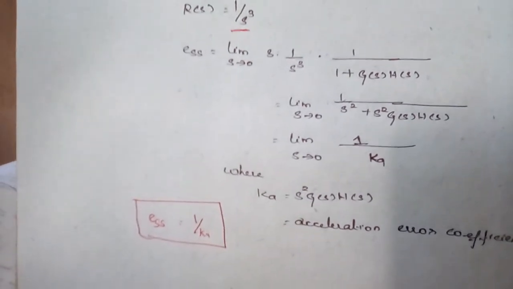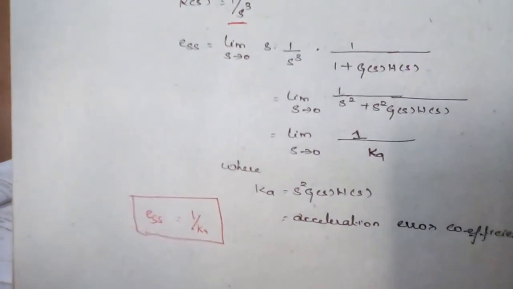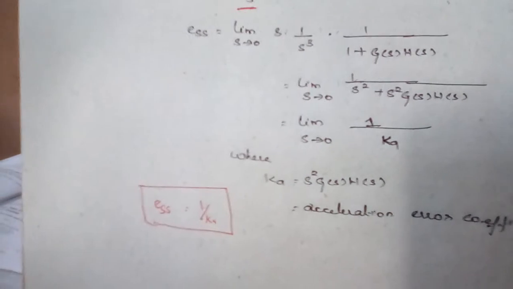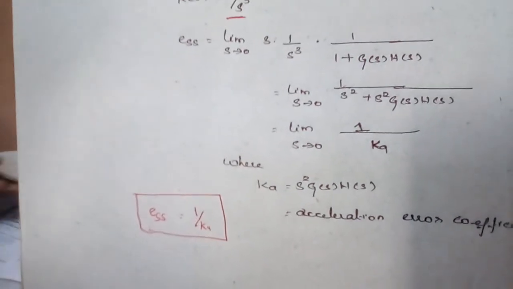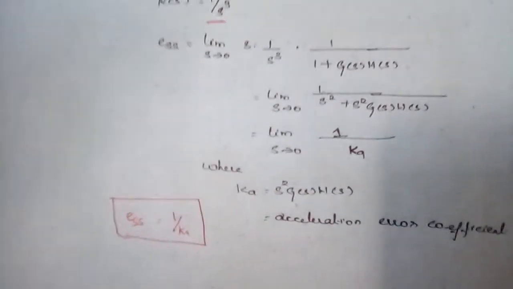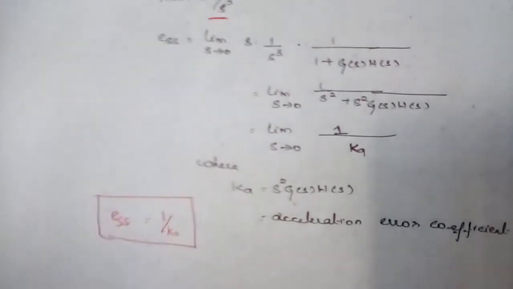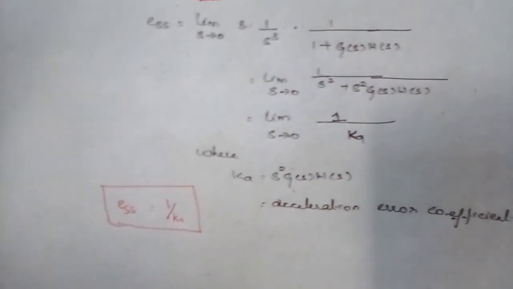The type of the system, which we have discussed already, is given by the highest order coefficient of the S term. The type of the system and the order of the system we have discussed already.